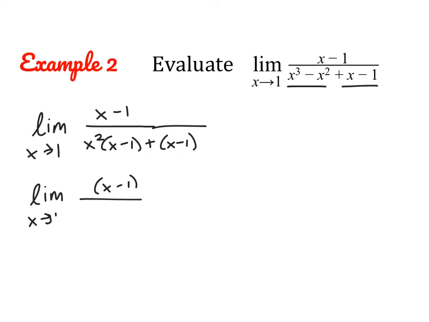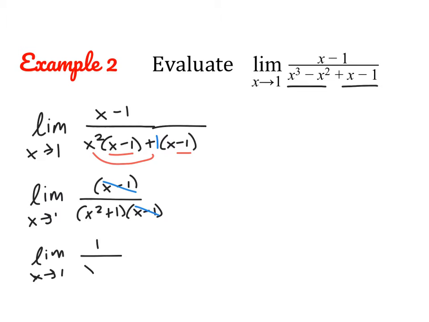Here, remember, if I have two factors that are the same, I can group the remaining two coefficients. So x squared plus 1 times x minus 1. I see that I do have a common factor. So this is now an expression where I can evaluate the limit using direct substitution. So this limit will be 1/2.